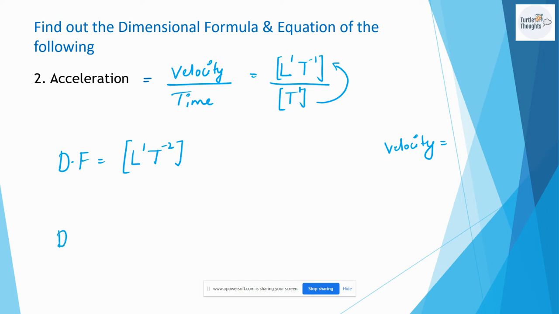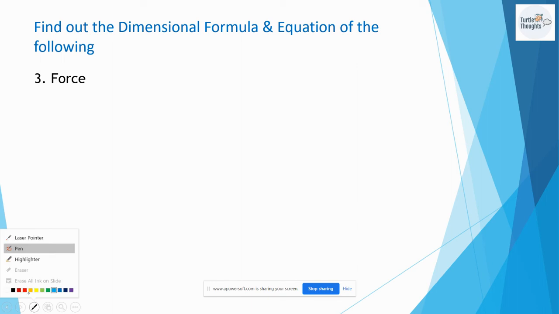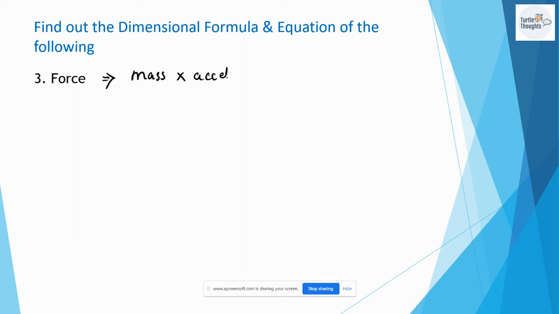The dimensional equation for acceleration is going to be a equals L to the power 1 T to the power minus 2. Let us take one more example. Force. What is force? Basically, we know from Newton's second law that force is nothing but mass into acceleration.